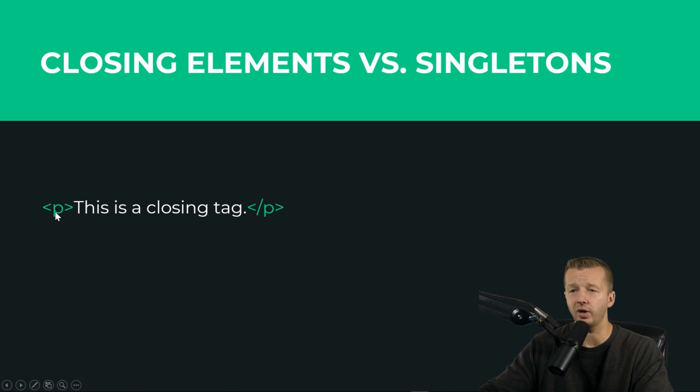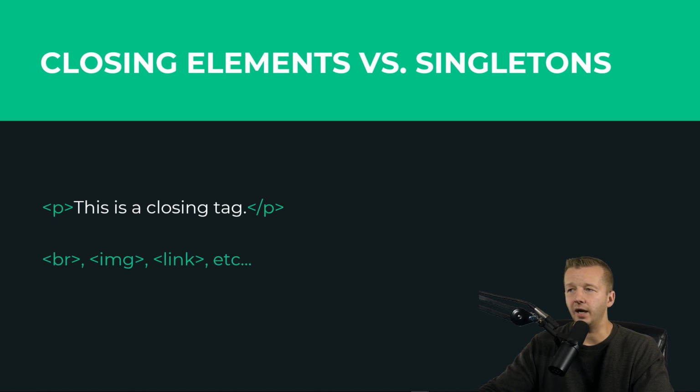So this would be a paragraph tag, and it's just simply P. And you can put your paragraph text inside of here. And then the closing tag is right here. This whole thing is called an HTML element in and of itself. It's useful to know the terminology. So this is a closing element, essentially.